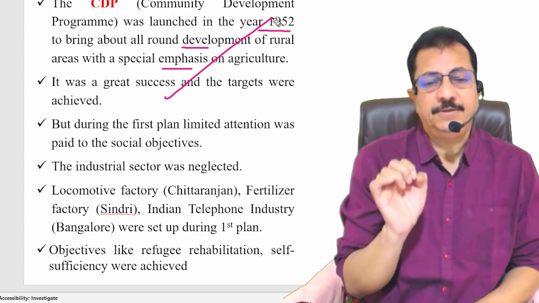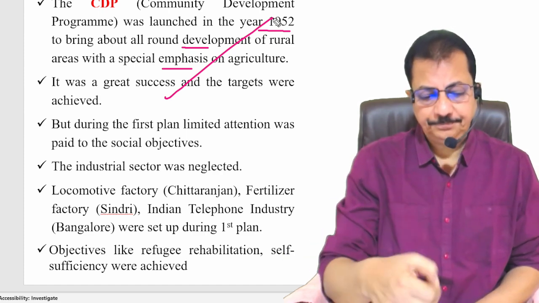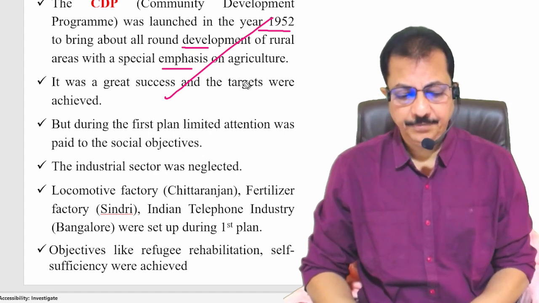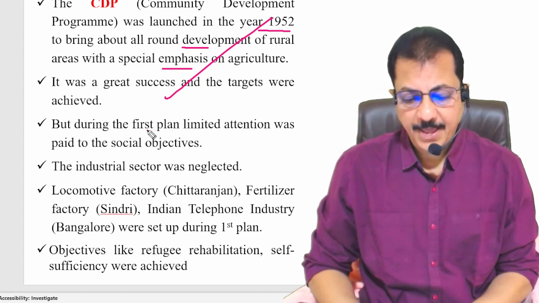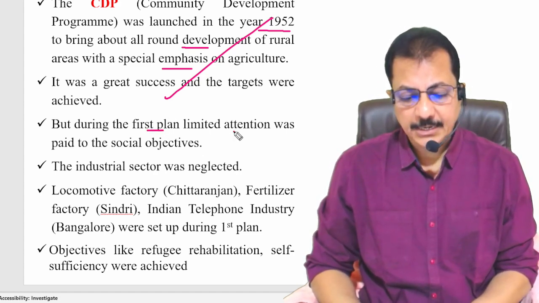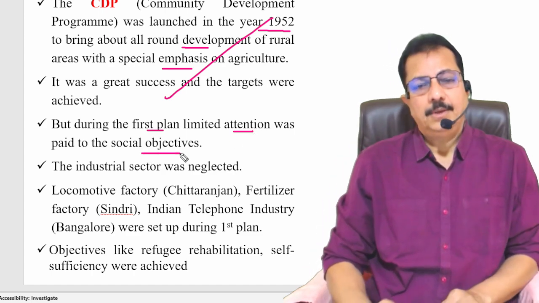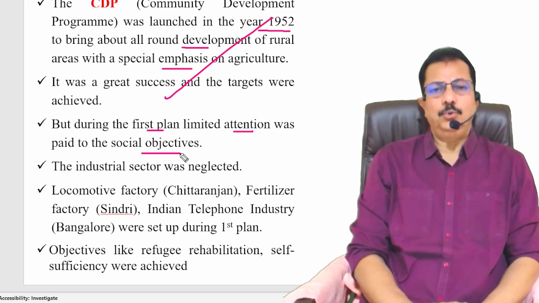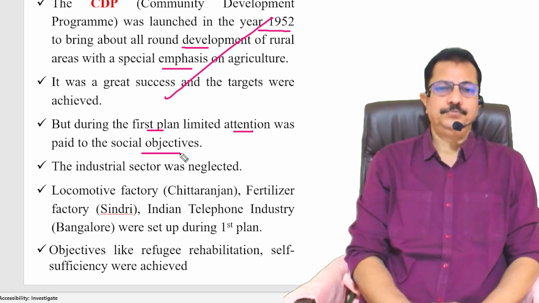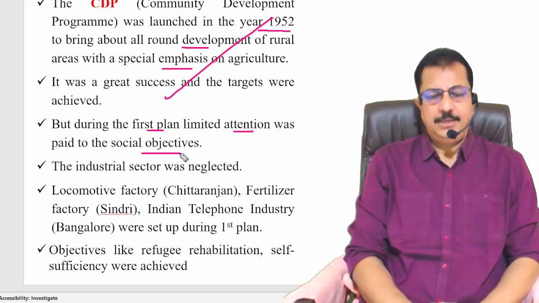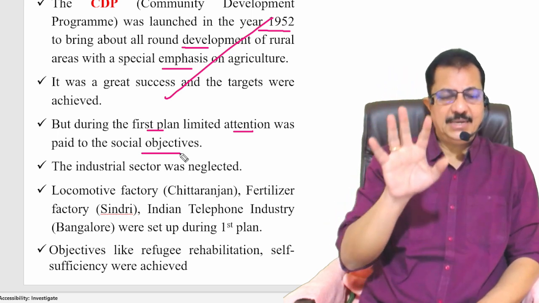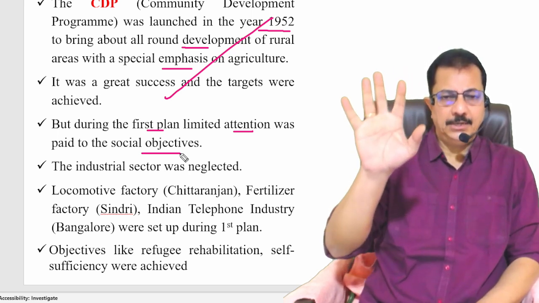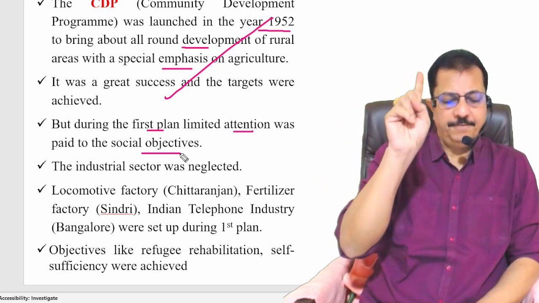The first 5-year plan was a success and the targets were achieved. But during this plan, limited attention was paid to the social objectives. Right? In order to achieve social objectives, you need lots of money. That is the reason why limited focus was there on social objectives during the first 5-year plan.